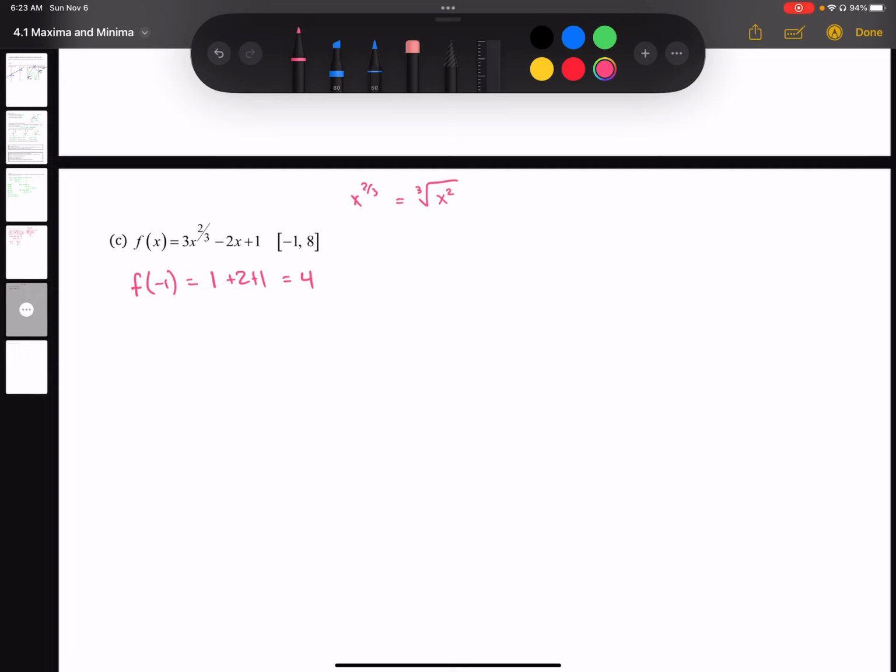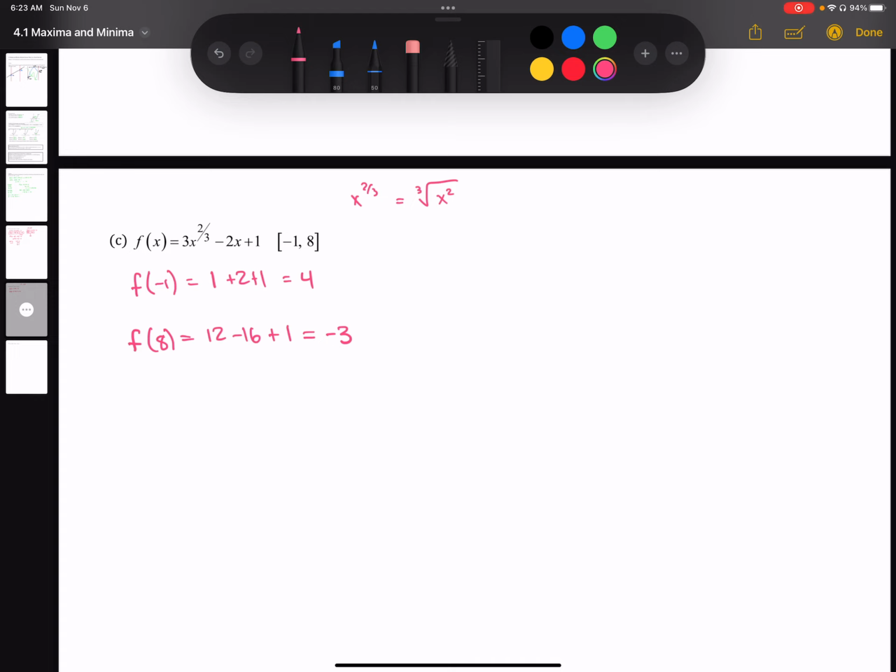And then f of 8 is going to be the cube root. Well, 8 squared is 64, the cube root of 64 is 4. So 3 times 4 is 12 minus 16 plus 1, and that equals -4 plus 1, which is -3.